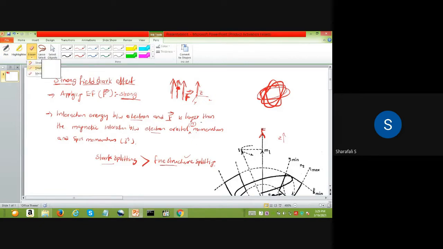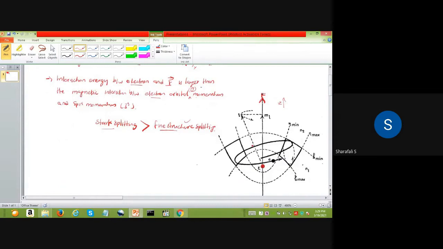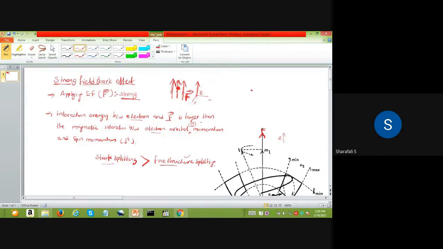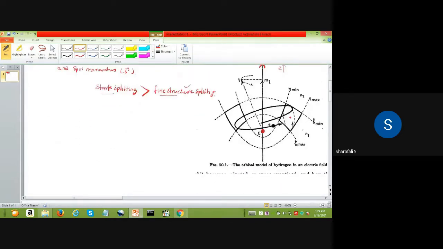So that electric field will cause the average center of mass of the orbit to not coincide with the nucleus. The center of mass of the electron which is revolving around the nucleus will be different with the presence of that electric field.